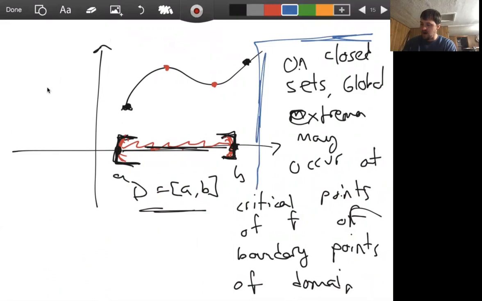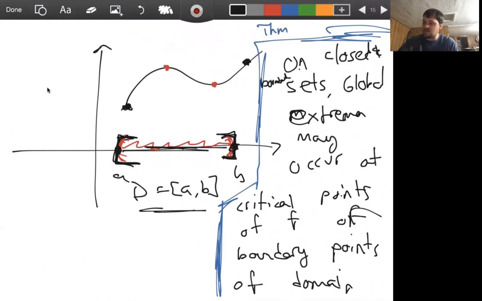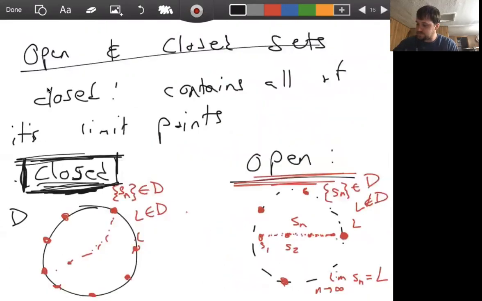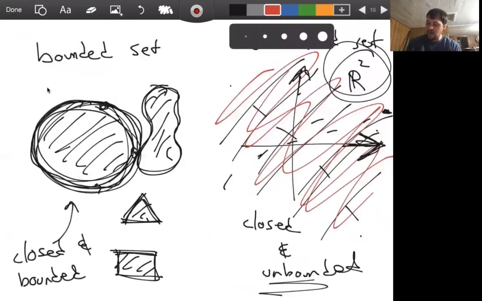So I'll just come back here and highlight it. Where can the critical points occur? This could even be a theorem. Let's say on closed, and now let's add the condition and bounded sets, global extrema may occur at critical points or at boundary points in the domain. And so when you're looking at something that's closed and bounded, right? Like say we're looking over the circle.